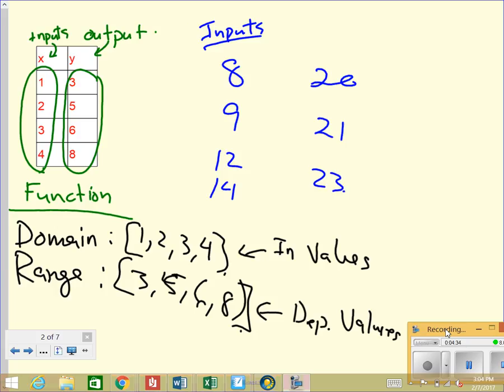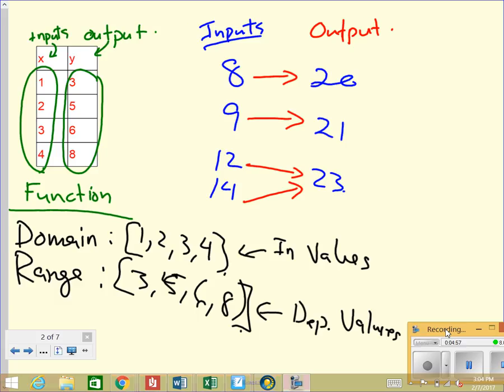So every time I put in 8, I get the output of 20. Every time I put in 9, I get the output of 21. Every time I put in 12, I get 23, and every time I put in 14, I get 23. This is still a function because each one of these inputs only has one output.